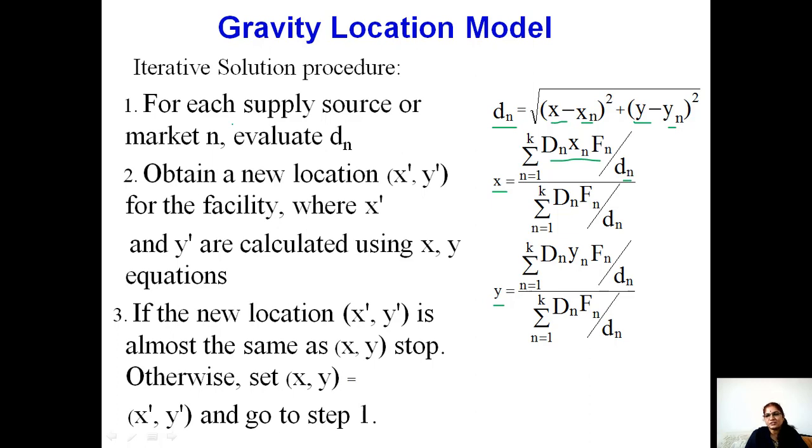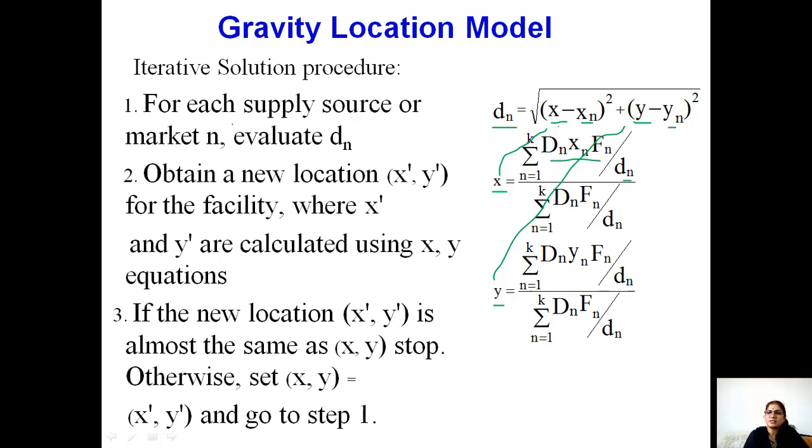These X dash Y dash values which we got after first iteration will become X and Y for second iteration. I repeat, for the first iteration X and Y values were zeros. Once we calculated x and y, let us call it as x dash and y dash.